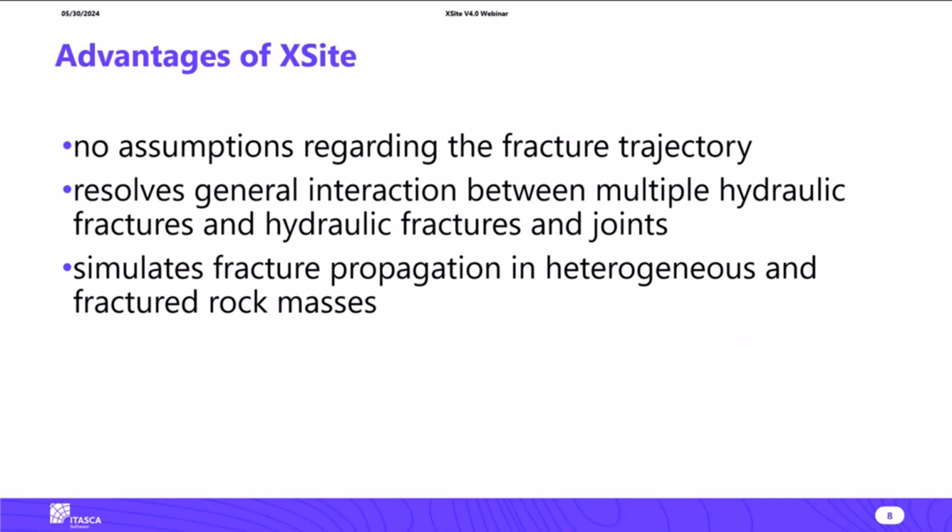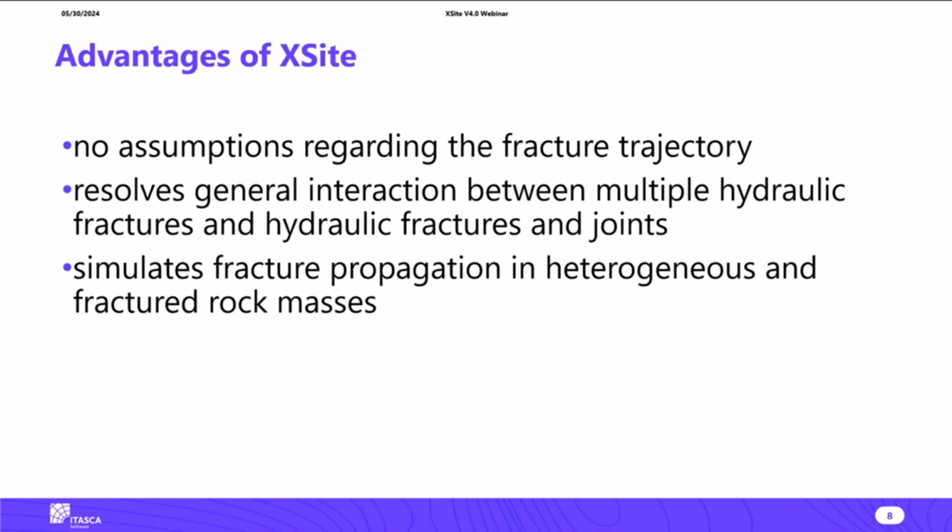So what are the advantages of ExSite compared to a number of other conventional codes that are used for simulation, let's say, of hydraulic fracturing? In ExSite, we don't make any assumptions regarding the fracture trajectory. The fracture trajectory is part of the model solution. We don't assume a symmetrical fracture with two wings or anything. We don't assume that fractures are planar.